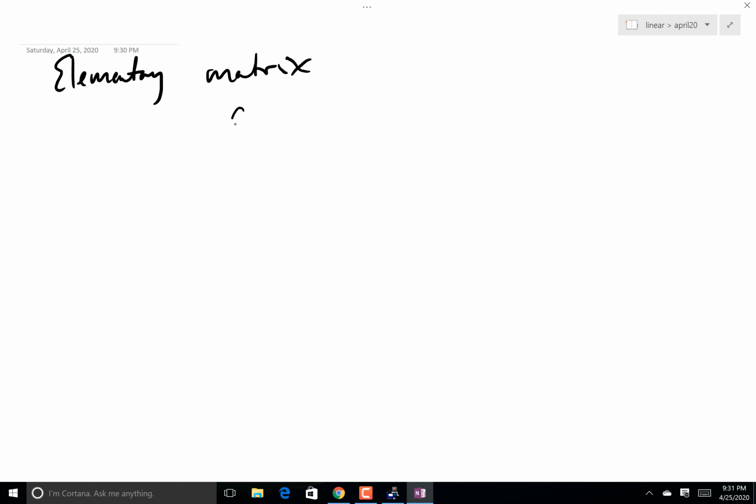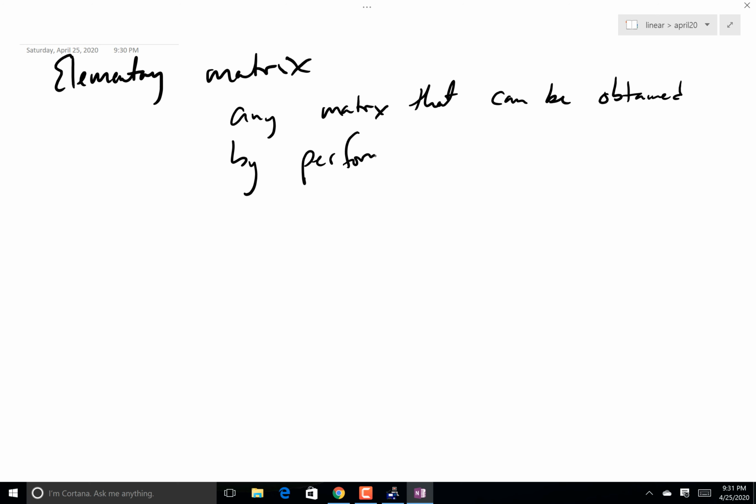Okay, so it's any matrix that can be made or formed, obtained by performing elementary, that means adding, subtracting, multiplying, row operations on an identity.